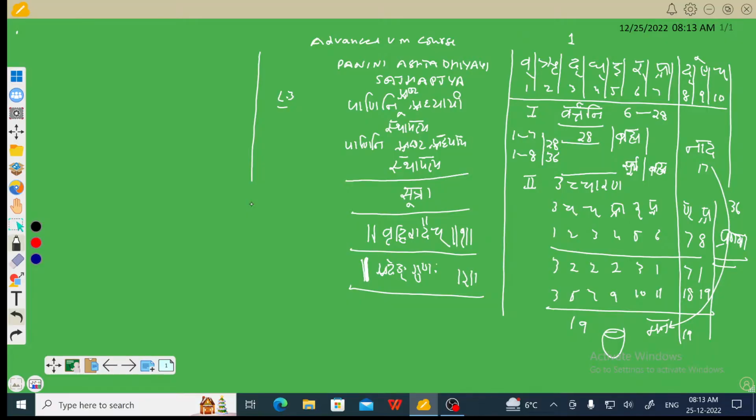When we will be knowing these things, so see, here the letters are 2, here the letters are 1, 2, 3, and 4, and here letters are 2. It makes 8, and it is called Iti.